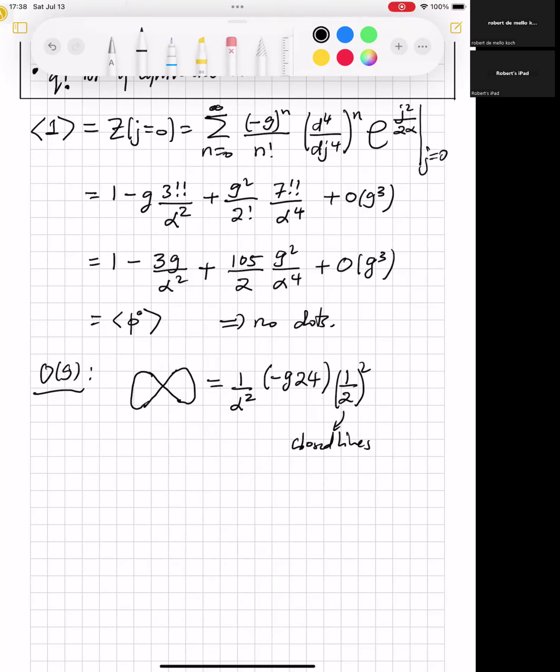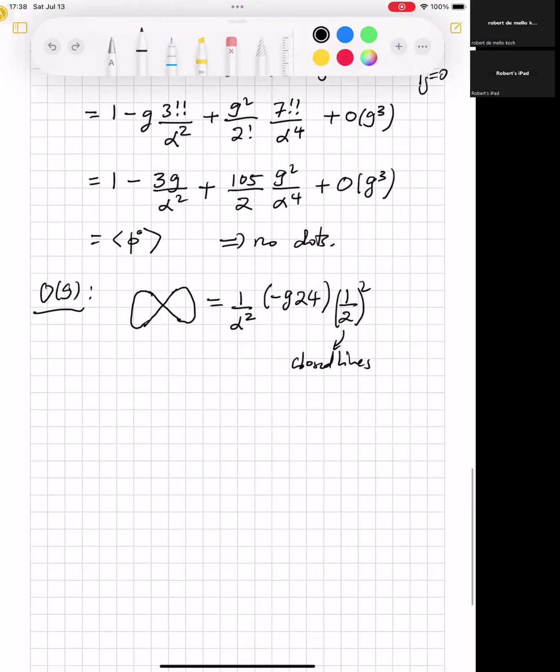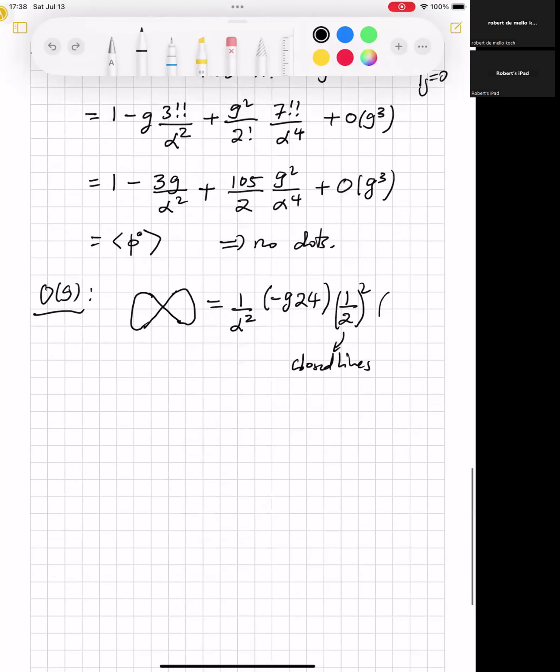And then what about equivalent lines? Well, this red line is equivalent to the blue line. Both the red line and the blue line have the same start and end points. So we will have an equivalent line factor, which is just 1/2. So that's for equivalent lines.